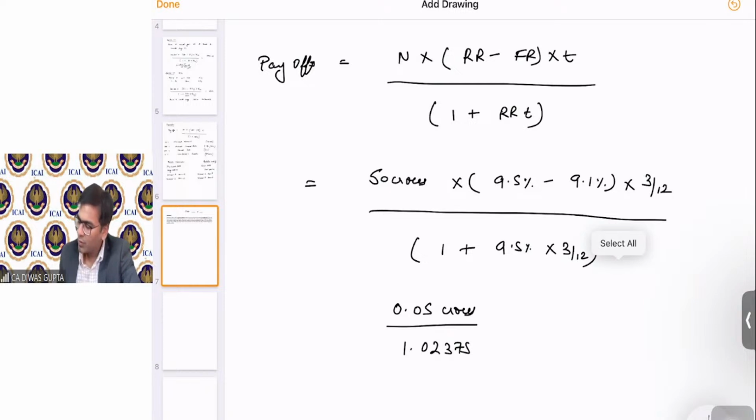So 0.05 divided by this number comes out to be 4,88,400.